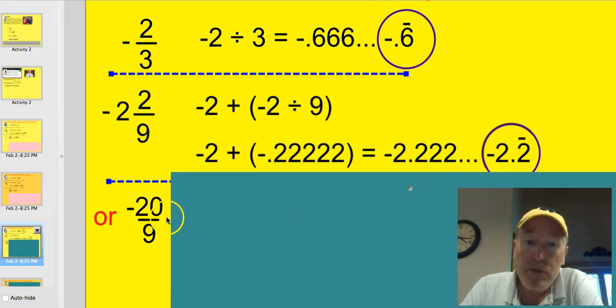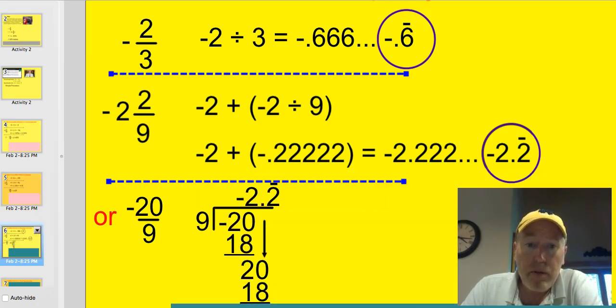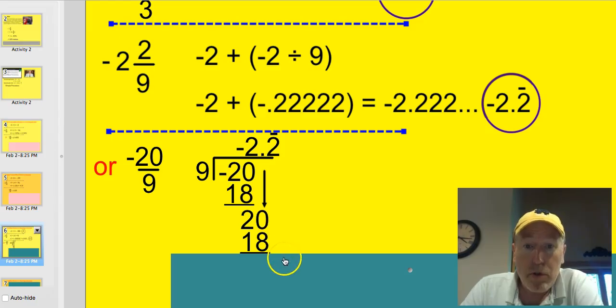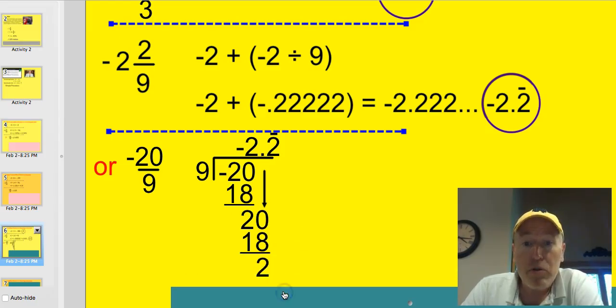Okay? You could flip this into an improper fraction as well, and if you did that, you could also break it down and do it old school. So you have negative 20 divided by 9. It goes in there negative 2 times, that's 18. You've got 2 remainder when you subtract out, so you bring down another 0.